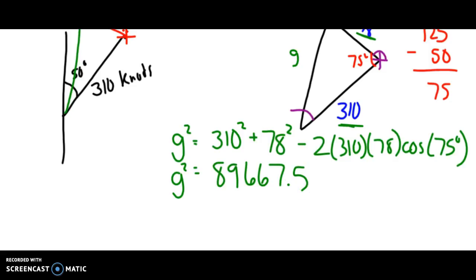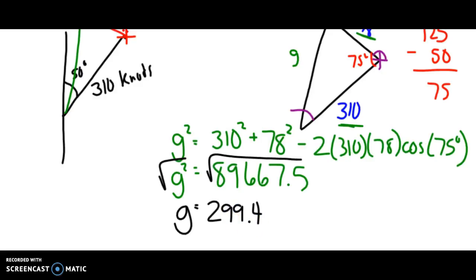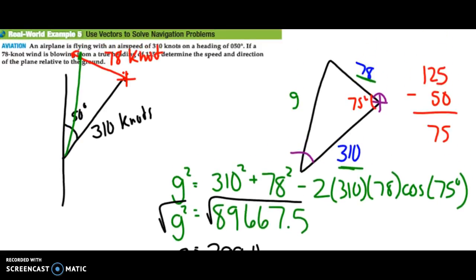So then to figure out what g is, I take the square root of both sides, and I find that g is approximately 299.4. Okay? So that's my magnitude of this right here. So it's 299.4 knots.